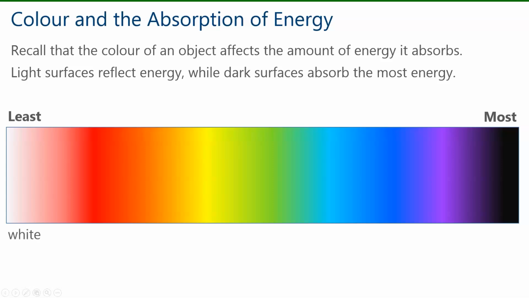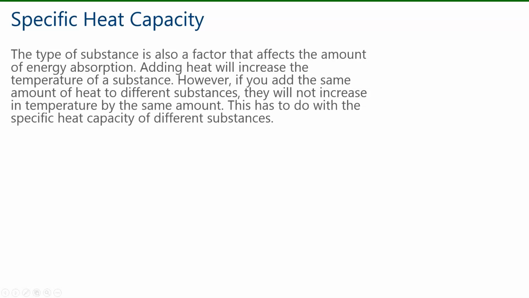If you said white, you're right. In order from least to most, we have white, red, orange, yellow, green, blue, indigo, violet, and then black absorbs the most energy. The type of substance is also a factor that affects the amount of energy absorption.